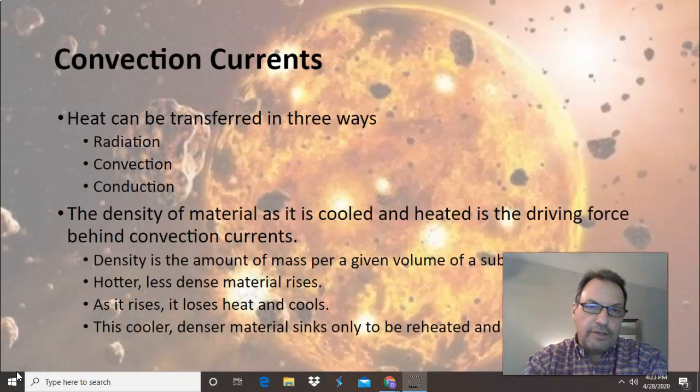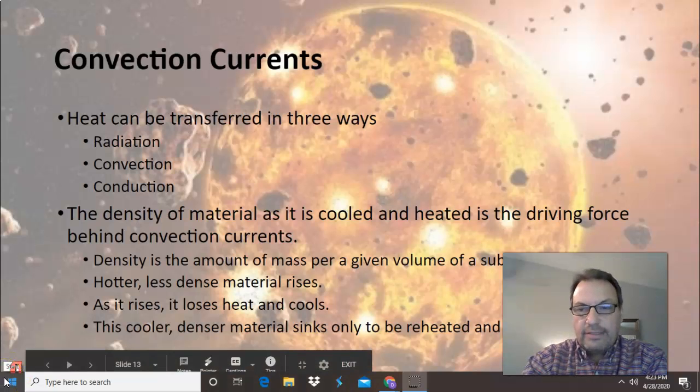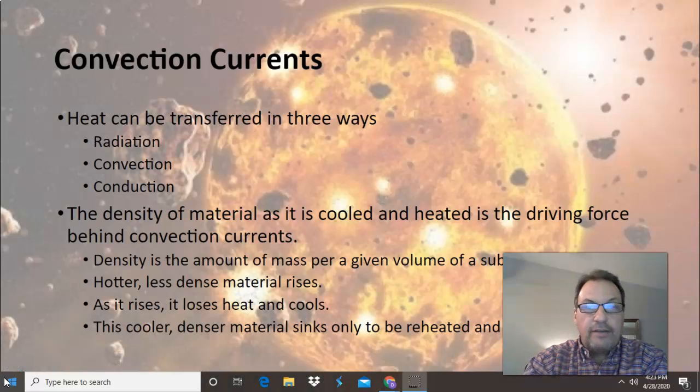Okay, convection currents are basically where heat rises, and this happens in the atmosphere, it happens in the oceans, and it also happens down under the crust, down in the asthenosphere, where the rock is a little more molten and has a little more fluidity to it. But if we always remember that hot air rises, hot things rise, then the opposite of that is that cold sinks.